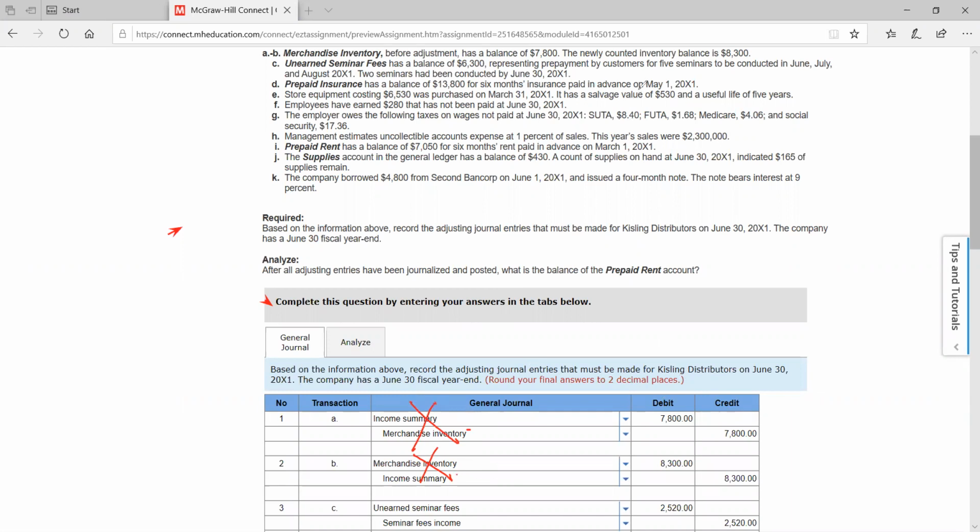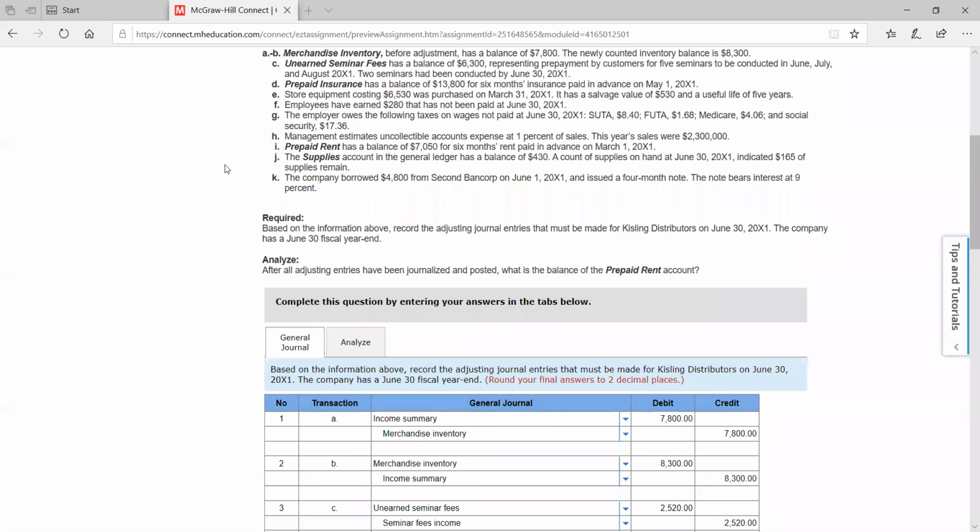But in case you just want to plug in and get the right answer, you can just literally copy these two. I never teach inventory adjustments this way. There's actually a better way to do it, but because of the scope of this class, we don't spend a lot of time on this. You'd get more in financial accounting. You can just copy these when you get there. So I'm more concerned with the rest of these.